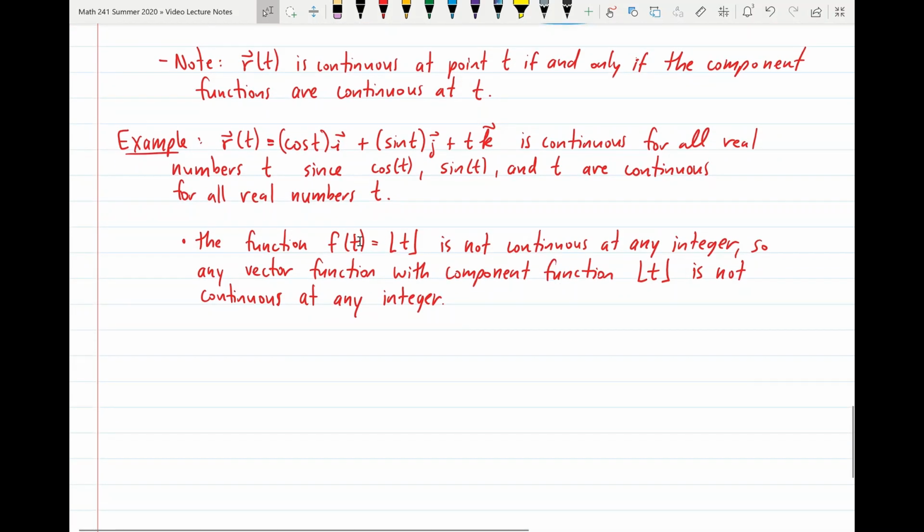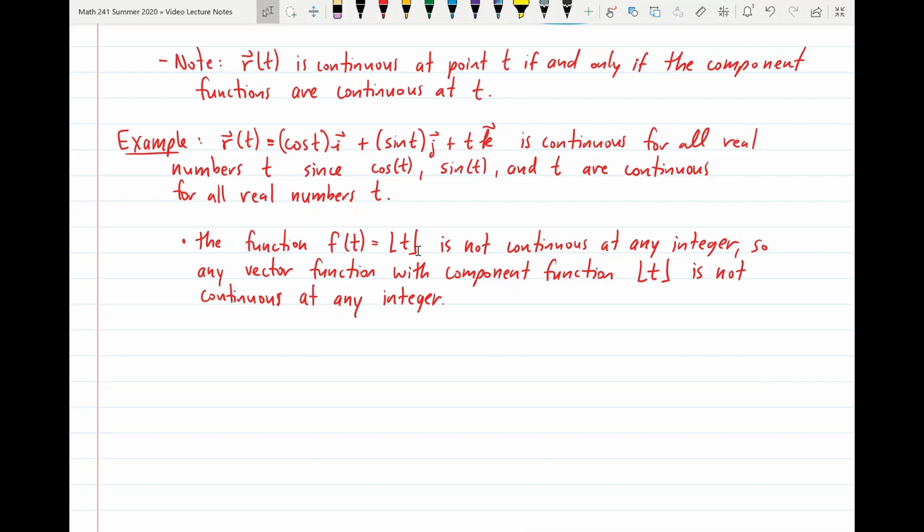On the other hand, consider the scalar function f of t is equal to the floor of t. If you don't know what the floor function is, this is the function where you can input any real number and it will output the integer that is directly below that real number.